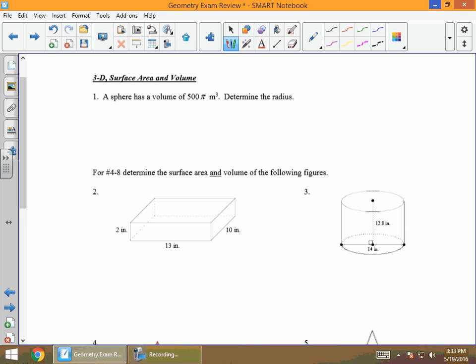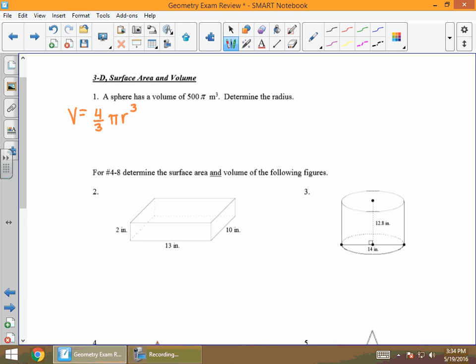So with that being said, a sphere has a volume of 500 pi meters cubed, find the radius. Well, one of the formulas is the volume of a sphere, and the volume of a sphere is 4/3 pi r to the third power, so cubed.